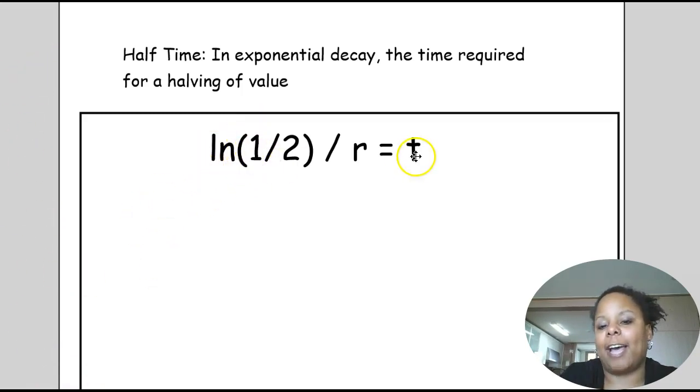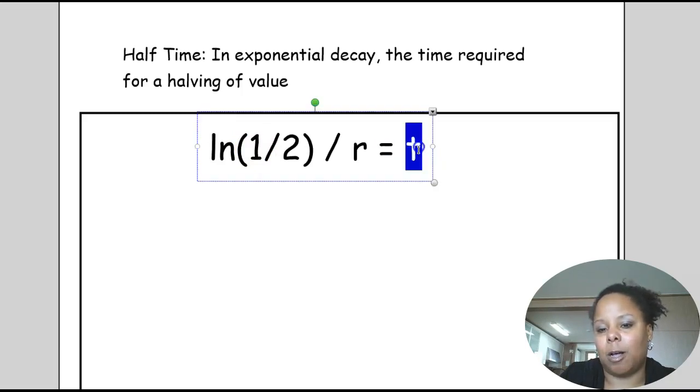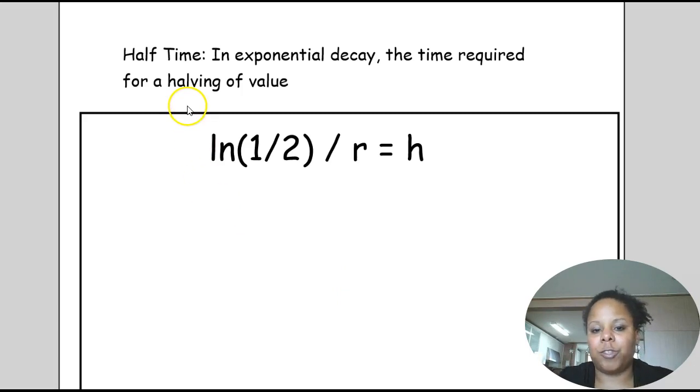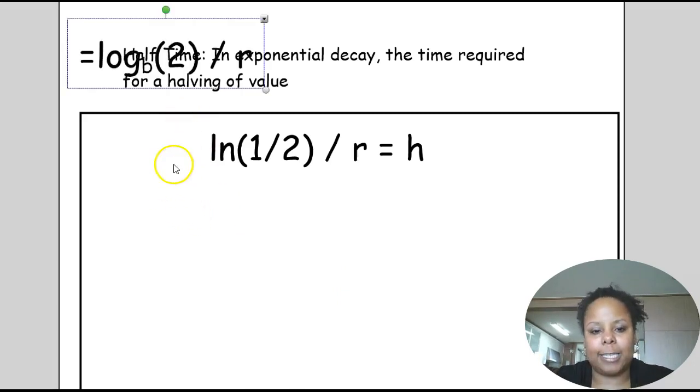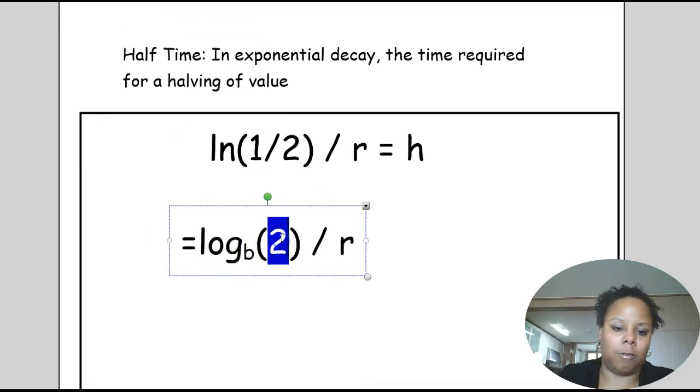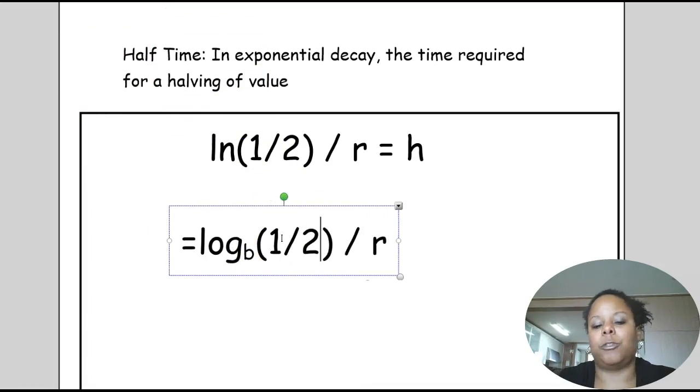Natural log of 1/2 divided by r will give you the halving time, and sometimes they'll call that h instead of t to note that it's the halving time, not the doubling time. And again, if we're not using a natural base, then instead of natural log of 1/2, we would use the log, in whatever base we're using, of 1/2 divided by r.